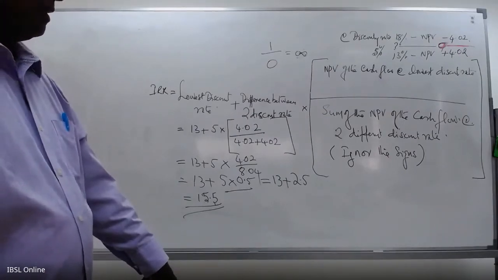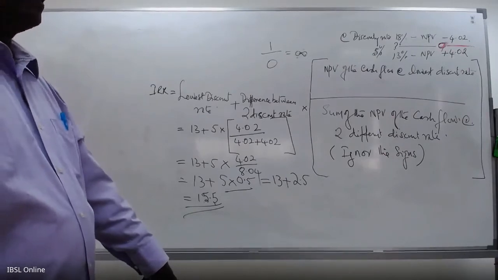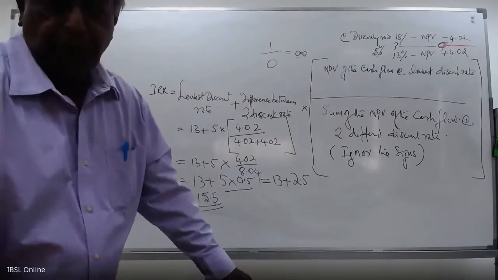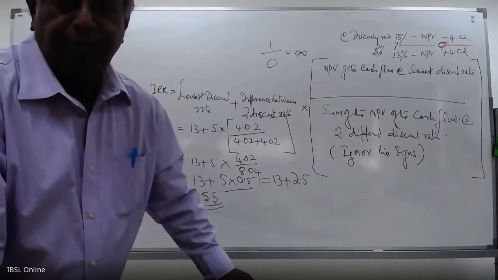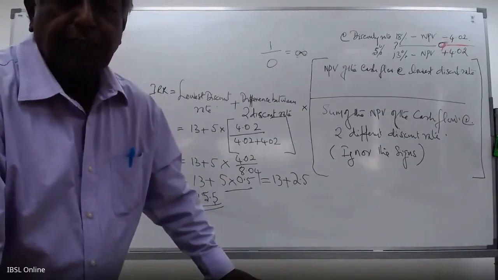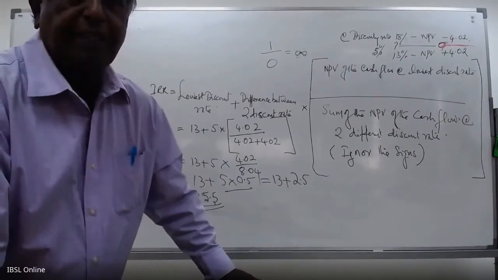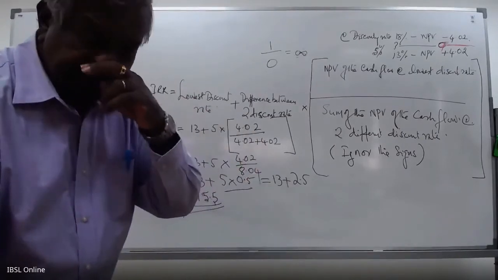There is another term, discounted cash flow. What do you mean by discounted cash flow? When the discounting technique is applied to a cash flow to convert future value into present value, that cash flow is called discounted cash flow.